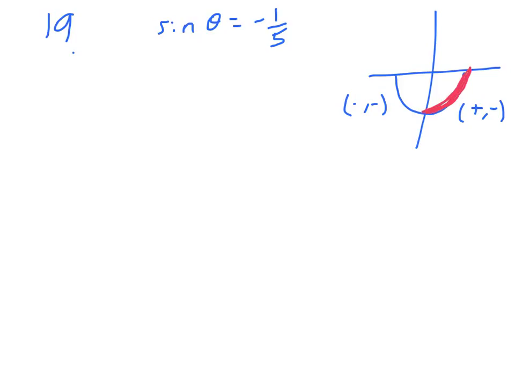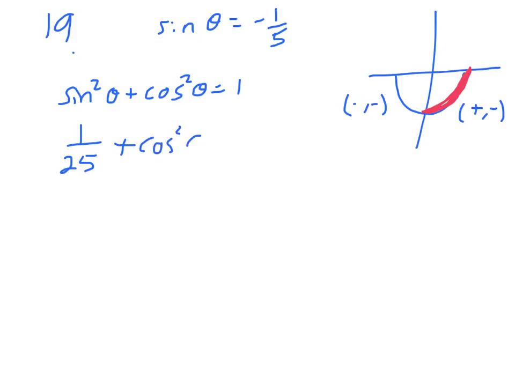Okay, so then we have sine squared plus cosine squared equals 1. Okay, sine squared is 1/25. Well, negative 1/5 squared is 1/25. Plus cosine squared equals 1. Cosine squared is going to be, subtract 1/25, that's 24 over 25.